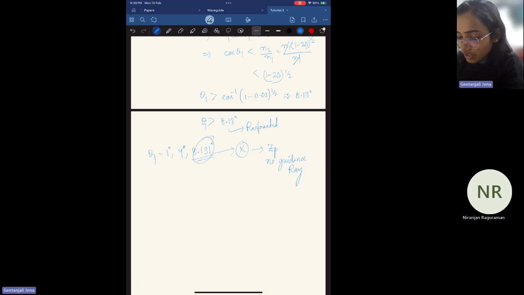So we just need to find the zp for theta 1 equal to 1 degree. Here you can see how tricky the question may be. It may ask about an angle where the ray is getting refracted. Now if you just use the formula to find the zp, it will be a wrong answer.